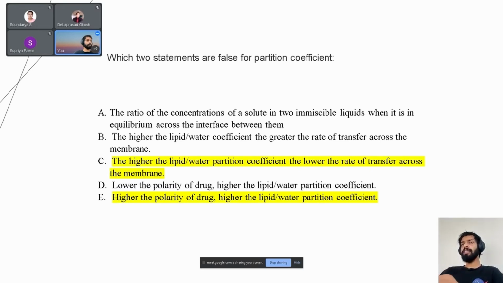Similarly, the higher the polarity of the drug, the lower will be the lipid water partition coefficient, because if it's highly polar, it's more soluble in water. Makes sense? Yes, sir, correct. C and E are false, not B and D.